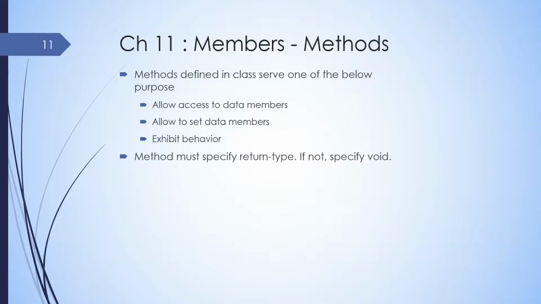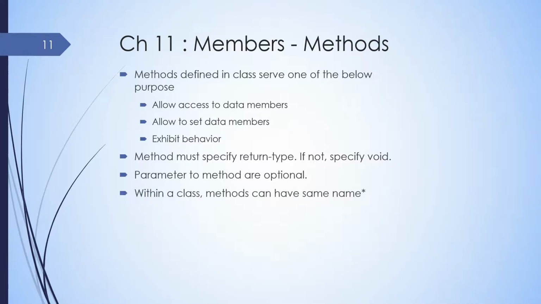When we want to declare a method, we must specify the return type. If there is no return type, then we have to mention void. So void is a keyword. There may or may not be parameters to the method. Now within a class, methods can have the same name.